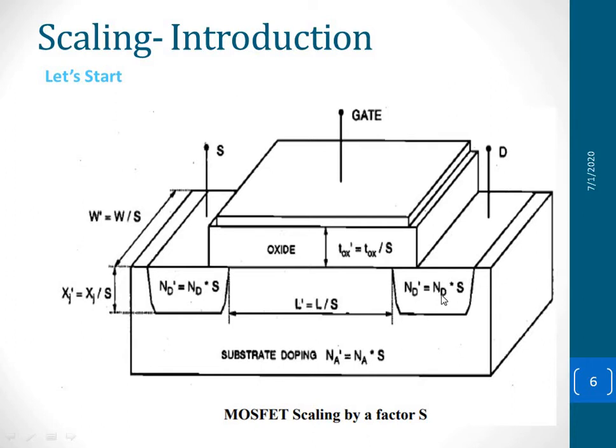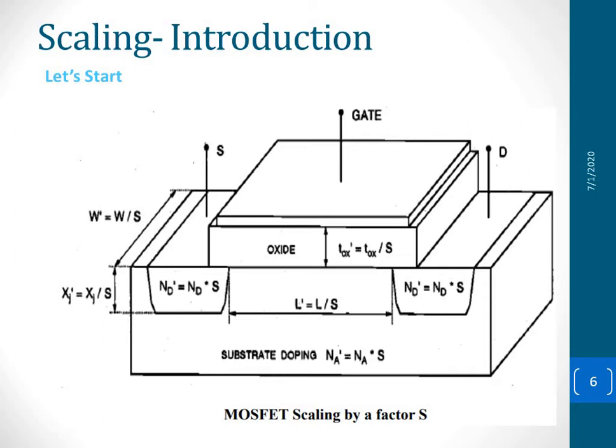Here also is the doping of the diffusion layers, Nd dash, and the distances, width and length. If we scale down with the parameter S, all the factors are indicated by W dash, TOX dash, Nd dash, L dash, and so on.